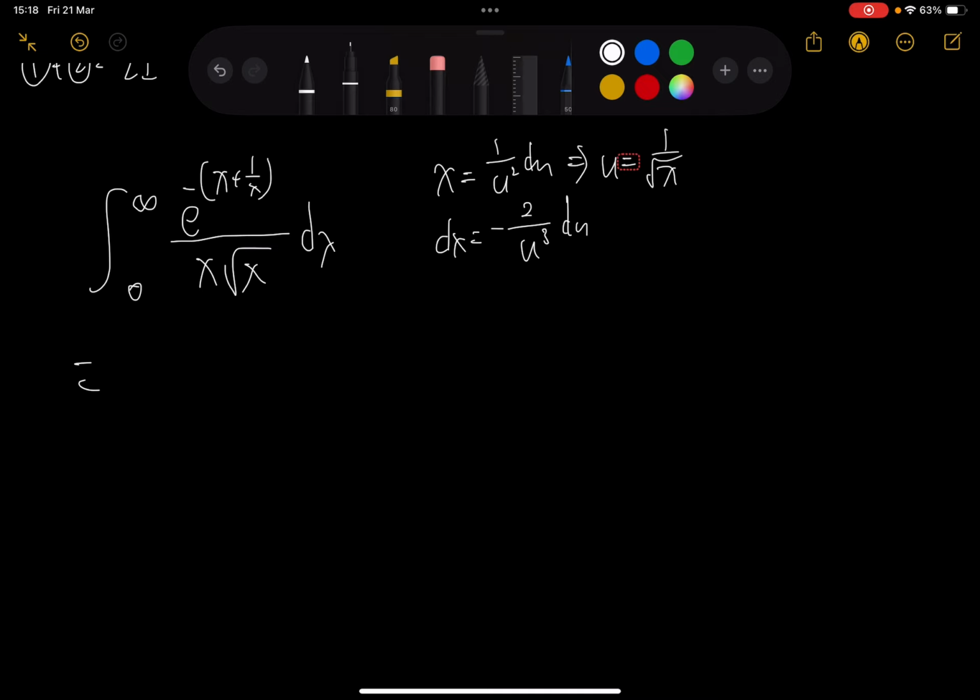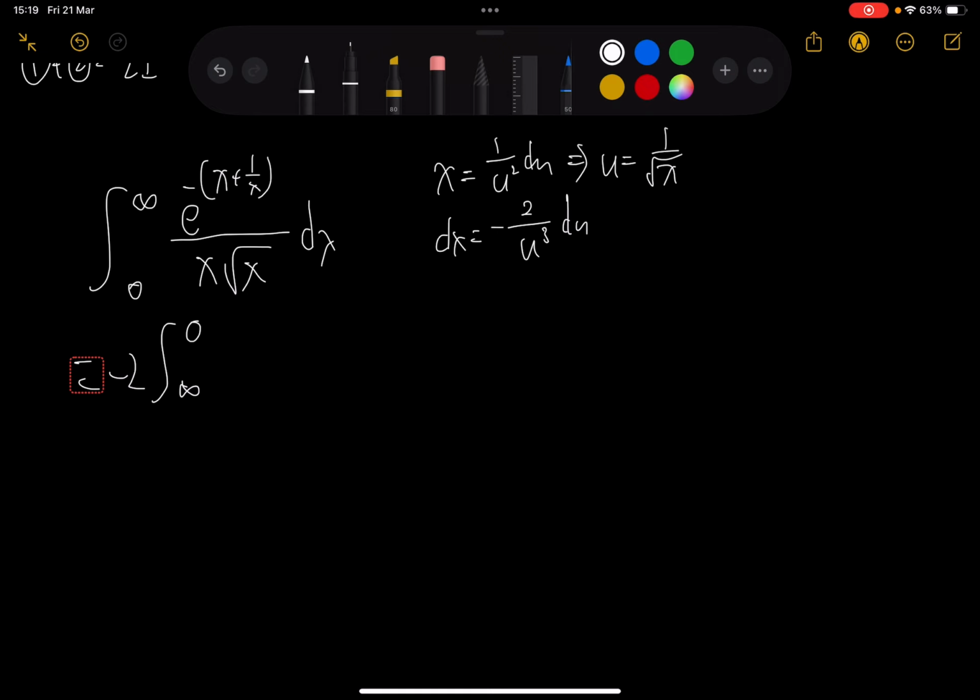And then we pair our dx with negative 2, put 0 into it, you can get infinity. Put 0 into the square root of x, so 1 over square root of 0 is infinity. Put infinity into this, you can get 0.